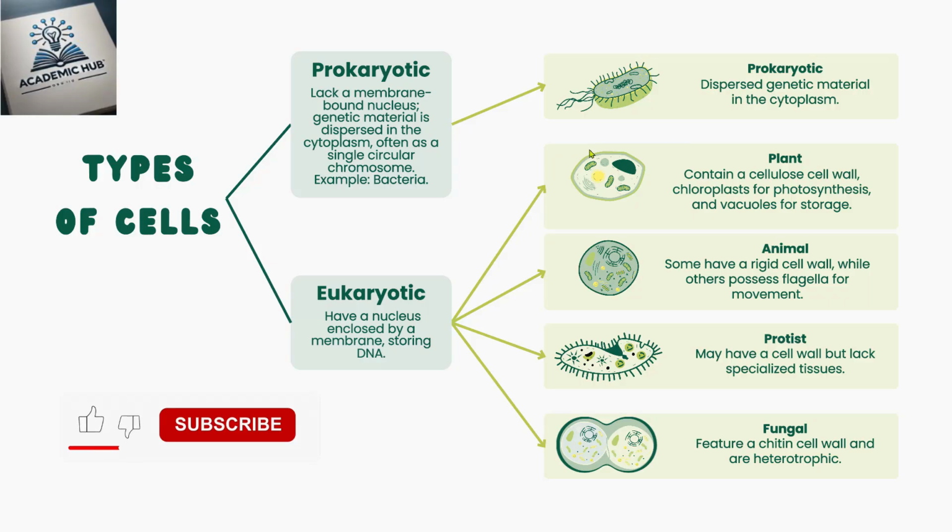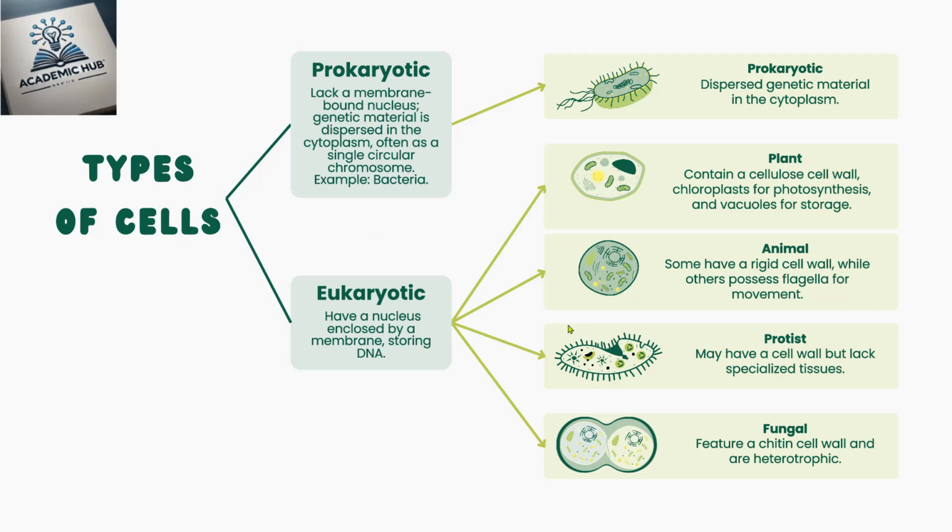Large central vacuole means this organelle stores water, nutrients and waste products. It also helps maintain cell shape and provides structural support. For example, a leaf cell contains numerous chloroplasts, enabling the plant to produce food efficiently.